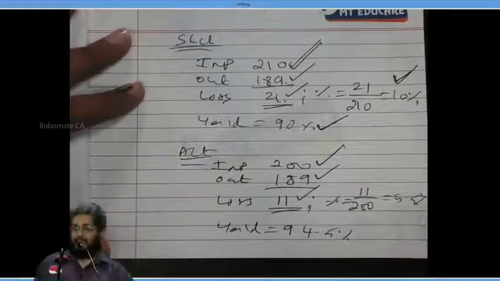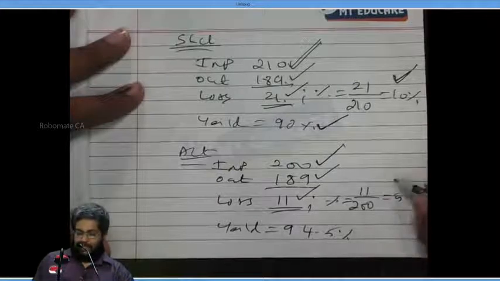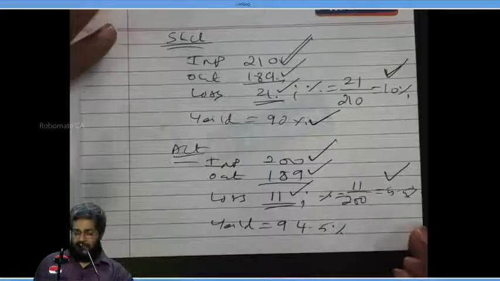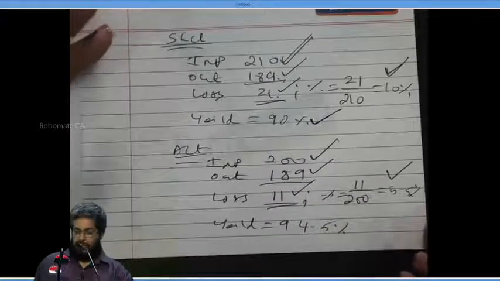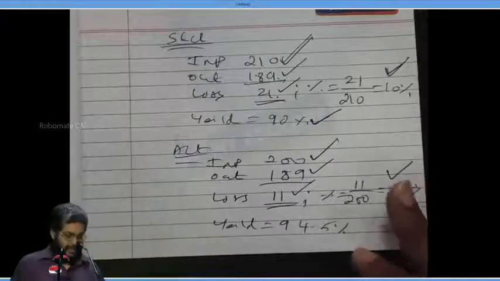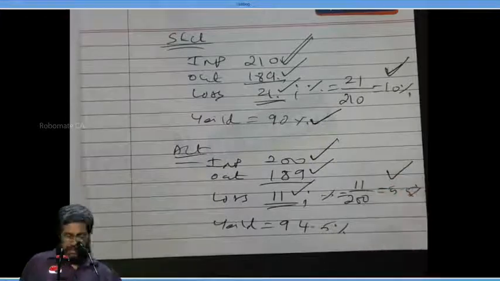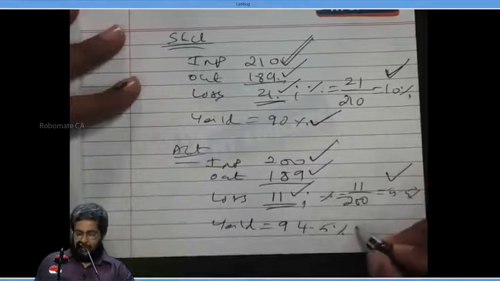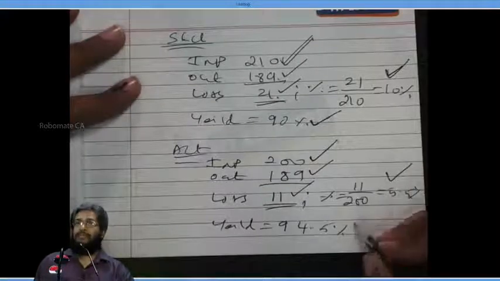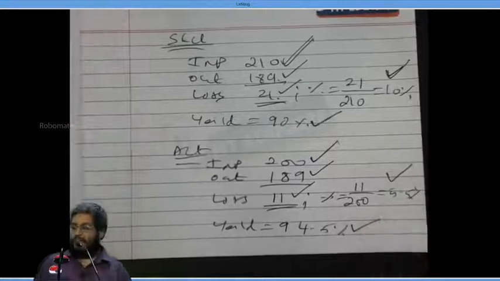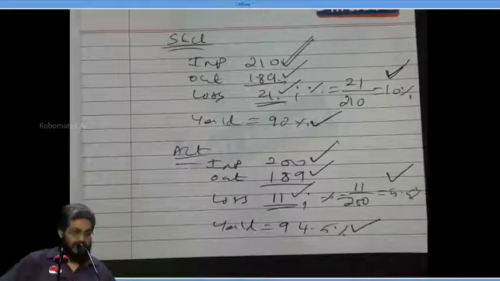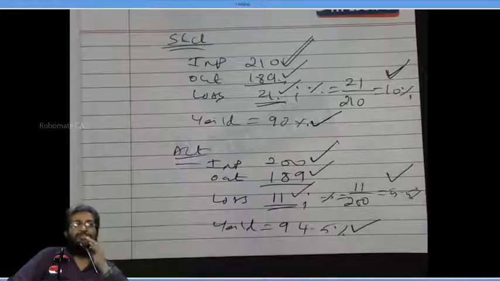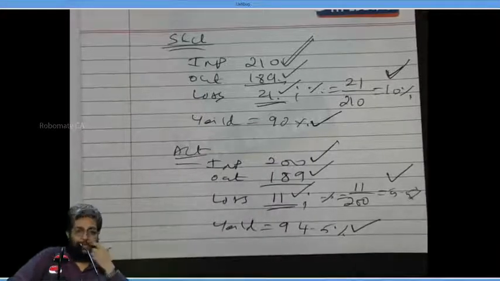Percentage loss is 11 by 200, which is 5.5%. Actual yield is 94.5%.